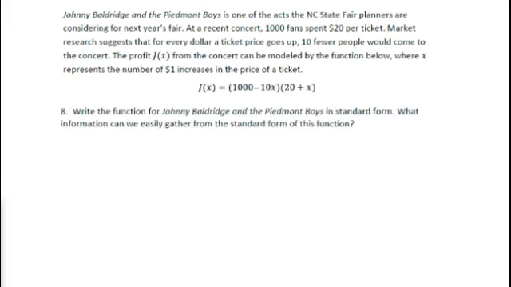And finally, we're going to look at problem number 8. It says write the function for Johnny Baldridge and the Piedmont Boys in standard form, and what information can we easily gather from the standard form of this function. And so we know that in order to convert the factored form to standard form, we've got to use the distributive property.